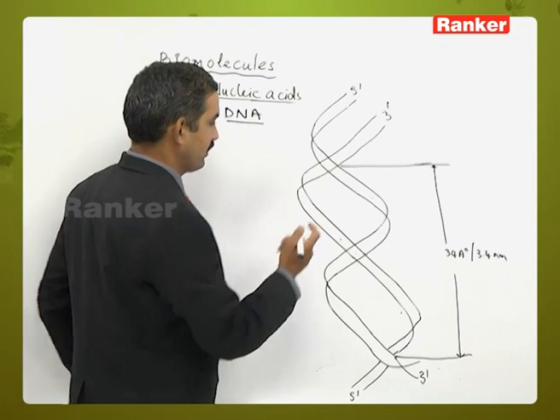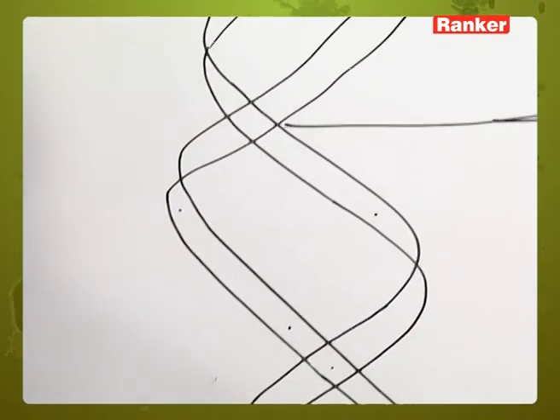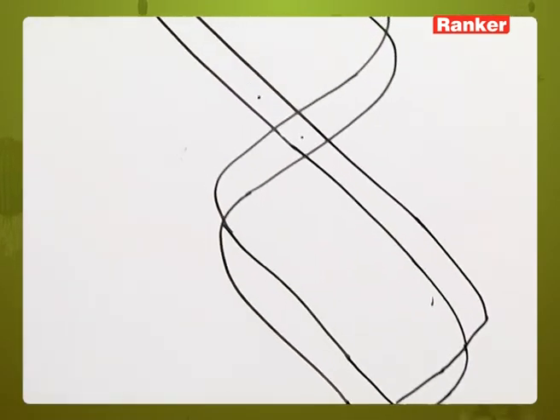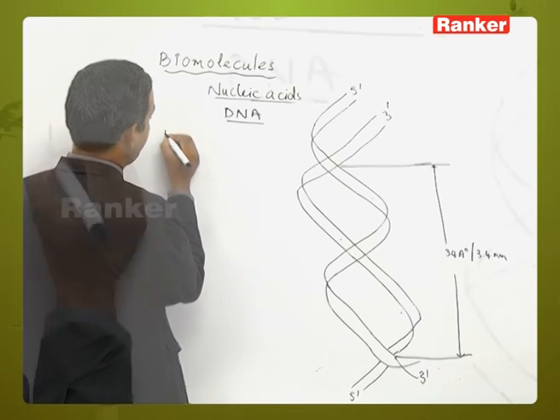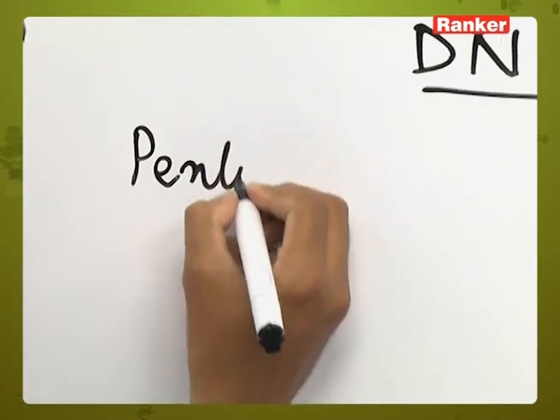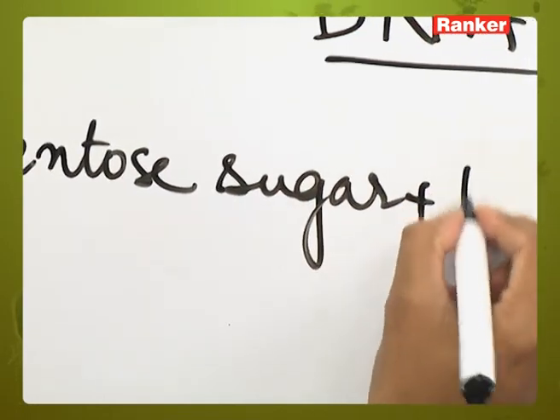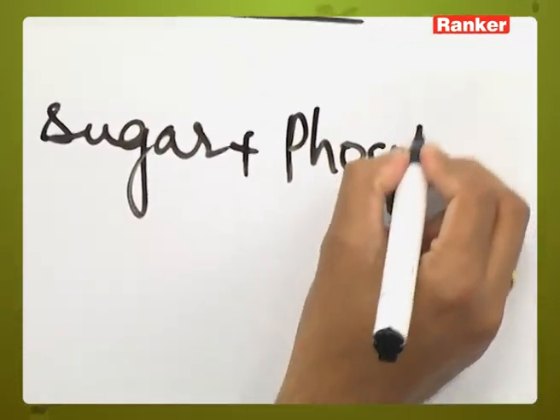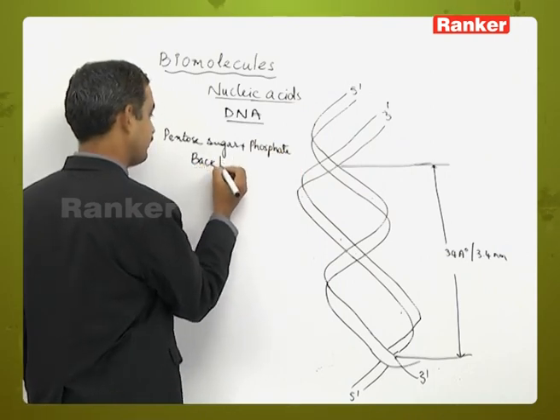In one coil, on one side, the strand-like structure which we had drawn is the backbone of the DNA molecule, which is formed by pentose sugar and phosphate group. These two combinedly form the backbone of DNA.